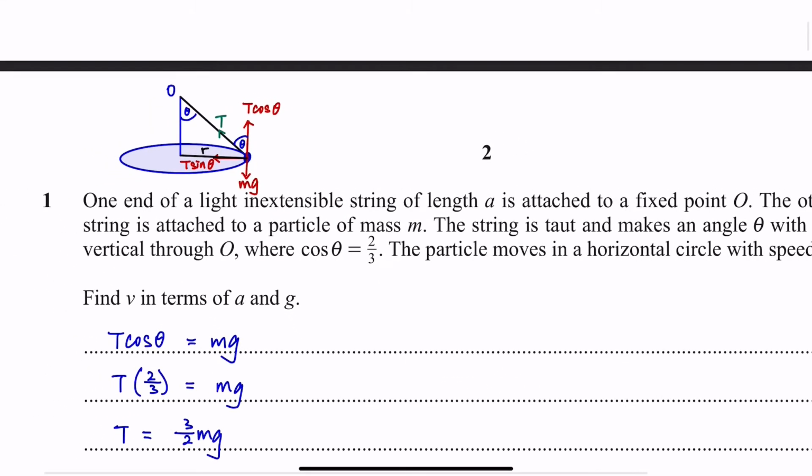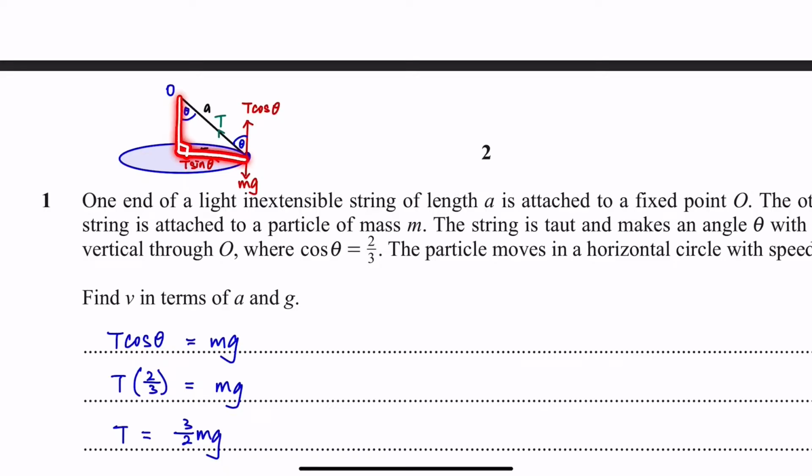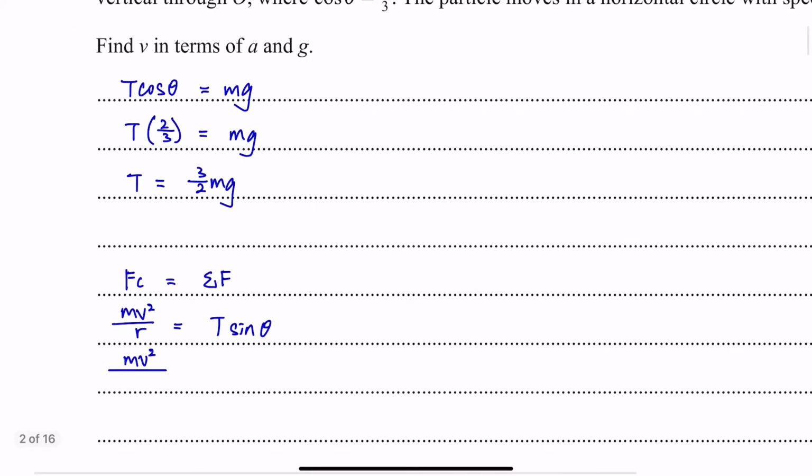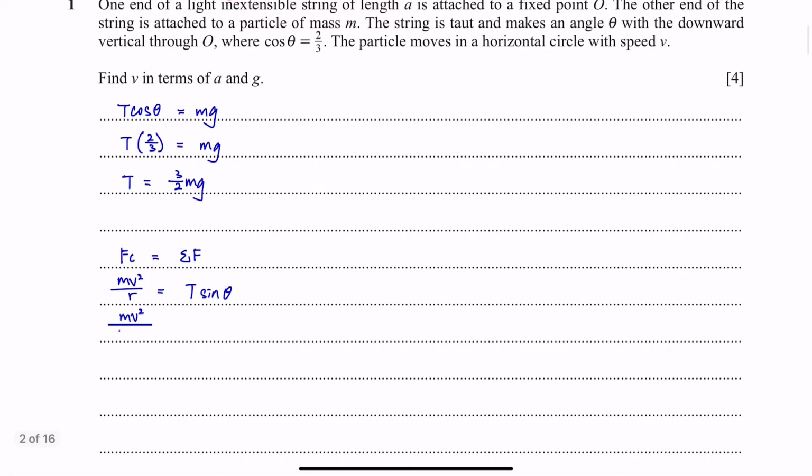And how do we find that? We know that the string has a length of a, and this is a right angle triangle. So r would be a sin theta. So mv squared over a sin theta equals T sin theta, which is 3/2 mg sin theta.